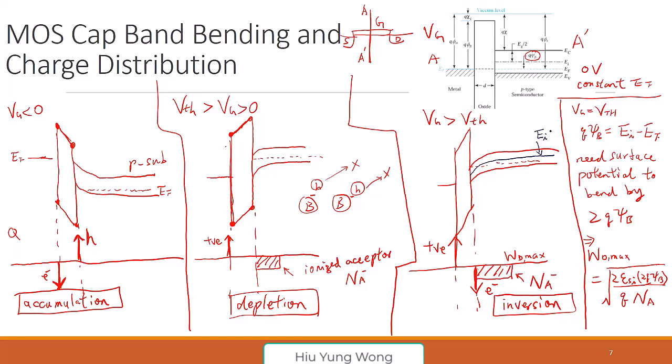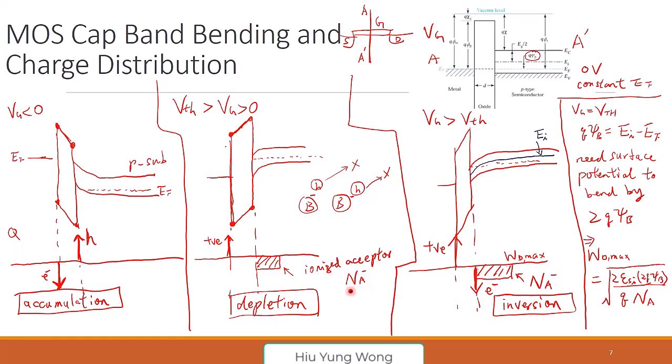Another question is, we're using the doping NA because we're working with a P substrate, right? In the case that we're working with an N-type semiconductor instead of a P-type, the same equations will hold, but we change NA to ND, the donor?